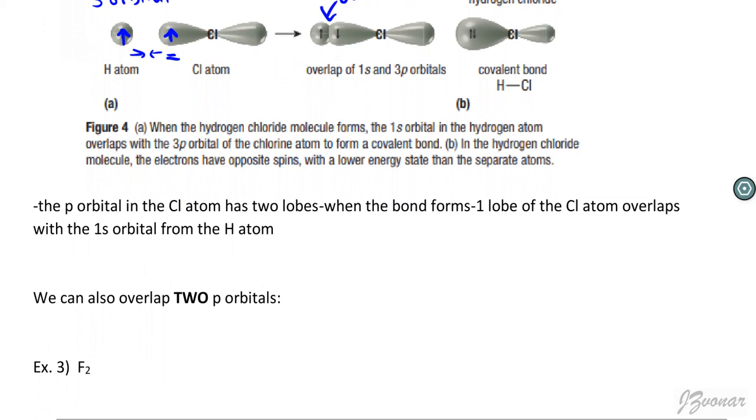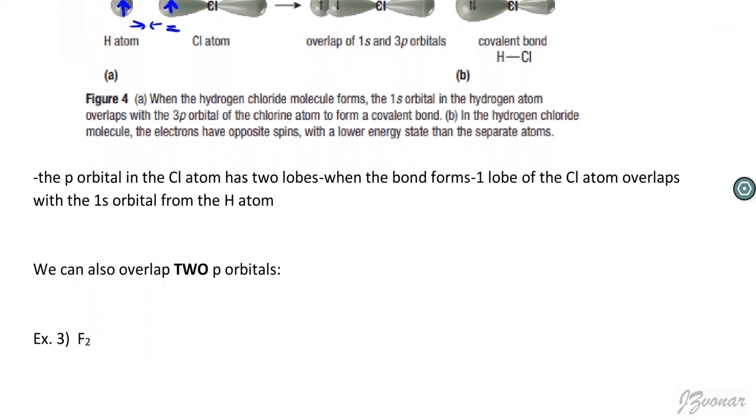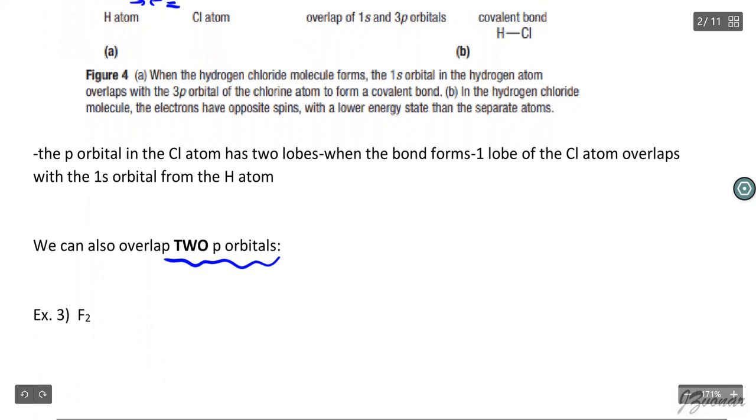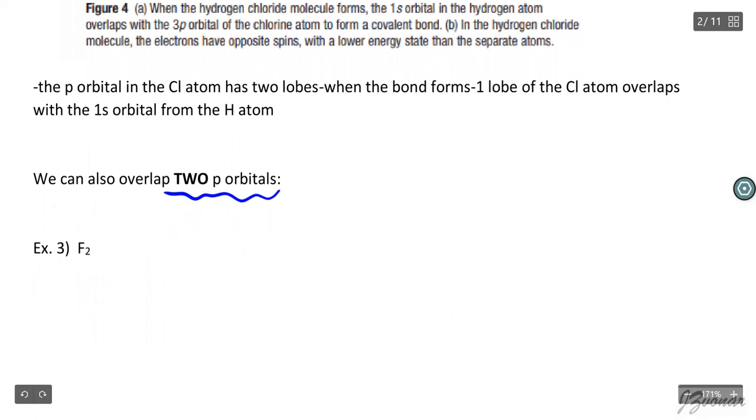Now, we can also have the overlap. This is example number 3, where we can overlap two p orbitals, both of which must be half-filled. So if we think of the orbital diagram of fluorine, fluorine is also going to have a half-filled p orbital. All right, so this is one fluorine atom.